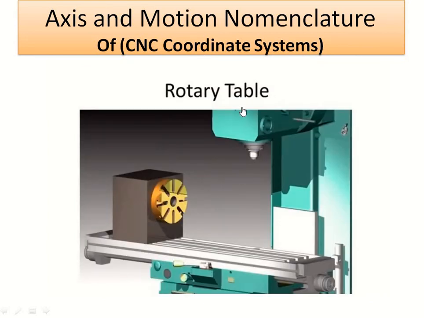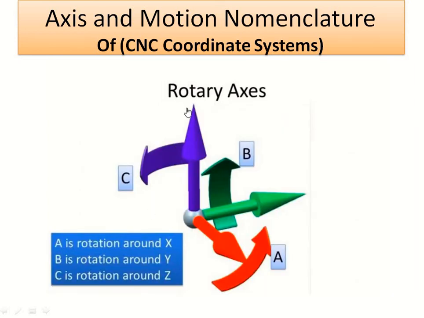Now for the rotary table, when we mount a rotary chuck on the table, we define the x, y, z coordinates and the rotation with the rotary axes: A is the rotation around the x-axis, B is the rotation around the y-axis, and C is the rotation around the z-axis.